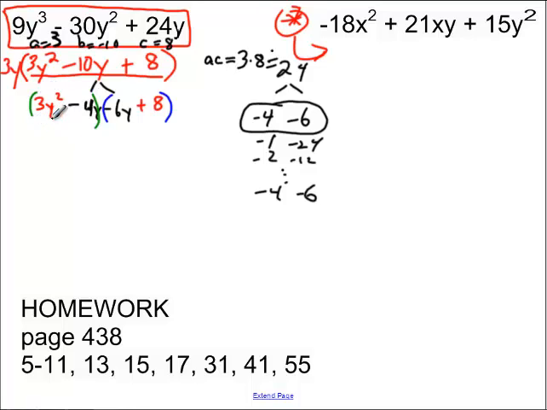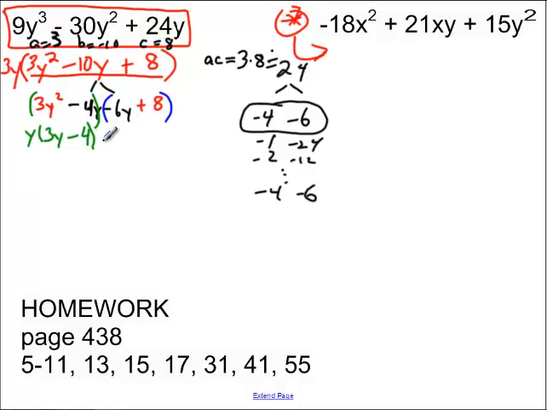So 3y squared minus 4y, the greatest common factor is y. And what is left in our factorization here, 3y squared divided by y is 3y minus 4. In our blue, what do we have left there?